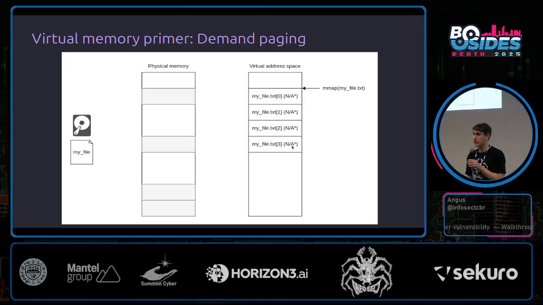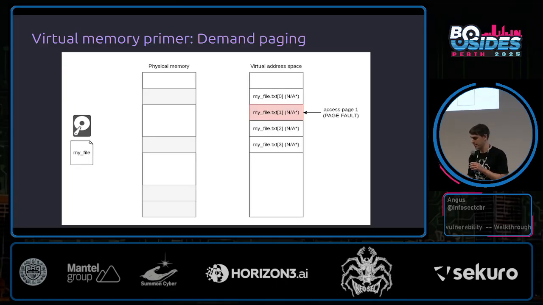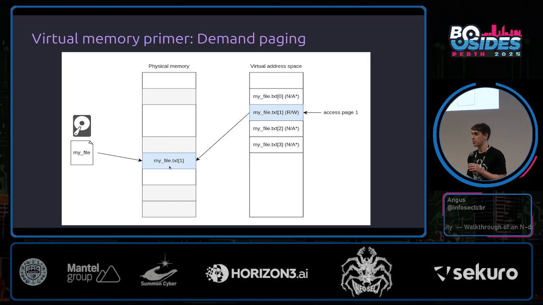And what happens is when the program goes to actually access this file for the first time, say it goes to access the first page here, it's going to trigger a page fault in the hardware. The operating system's going to see that page fault, and it's going to notice, hey, they've mapped in a file here, it's currently not accessible. But what we can do is go and bring in that data into physical memory and set up a mapping for us.